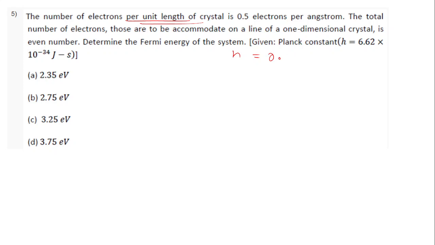This will be 0.5 electrons per angstrom. The total number of electrons to accommodate on a line of 1D crystal is an even number. Determine the Fermi energy of the system. So for Fermi energy for 1D, the formula is h bar square divided by 2m, times nf pi by L, whole square. Okay.